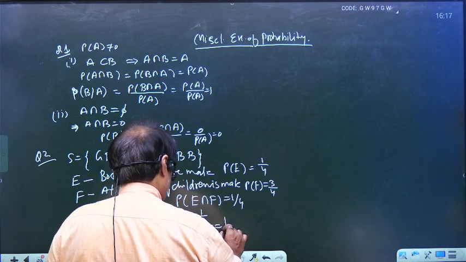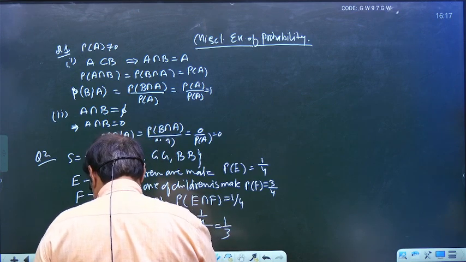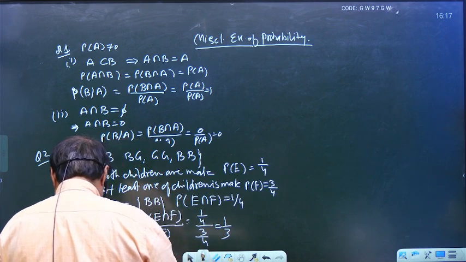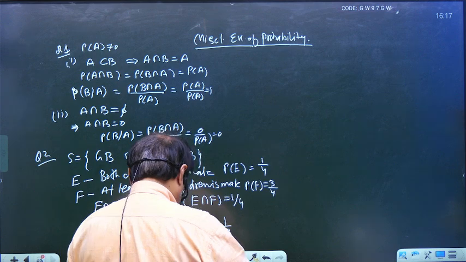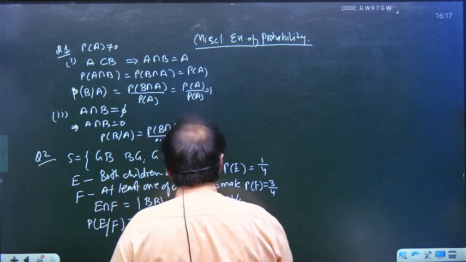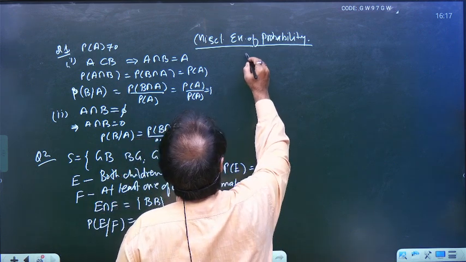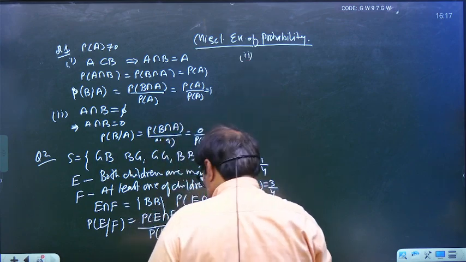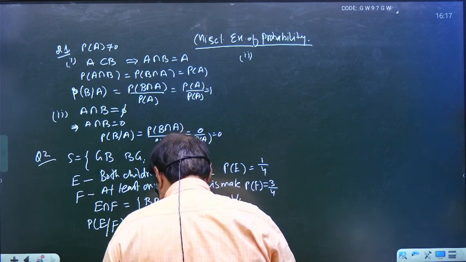So the answer is 1 by 3. And the second part is both the children are female.